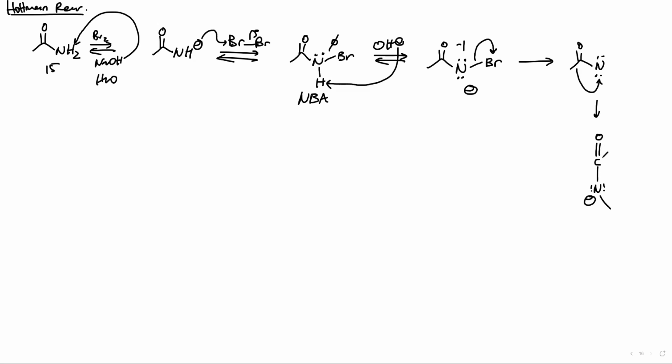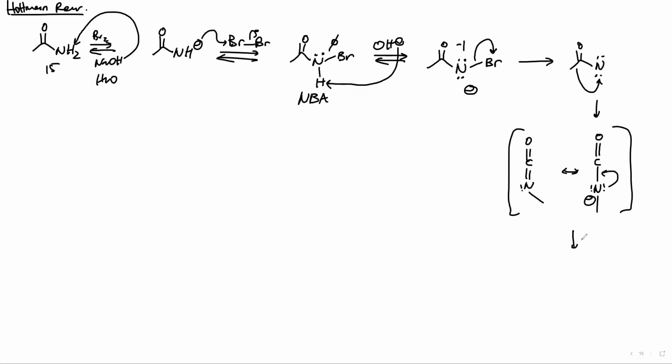But this here is an isocyanate, and it has this resonance form here, so that it's a little more neutral. And with isocyanates, as you can see, it's a carbon flanked by an oxygen double bond and a nitrogen double bond.